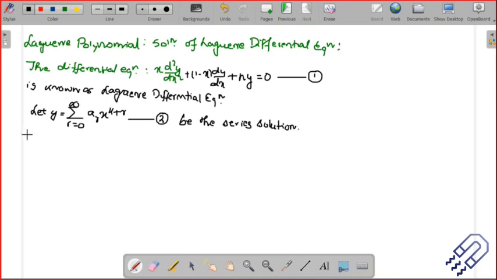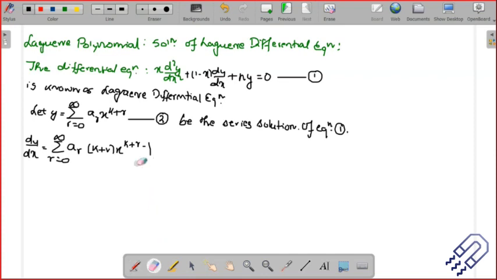Equation 1 we have to modify accordingly, or maybe you can just write down here series solution of equation 1. So let's just follow the steps here. dy/dx is equal to summation r is equal to 0 to infinity a_r (k plus r) into x to the power k plus r minus 1, right.